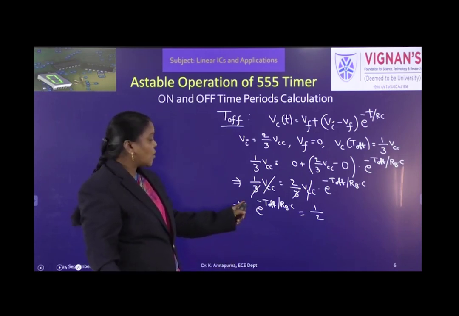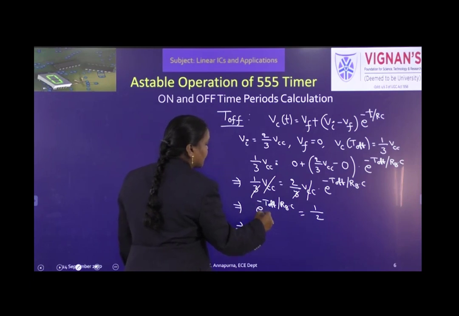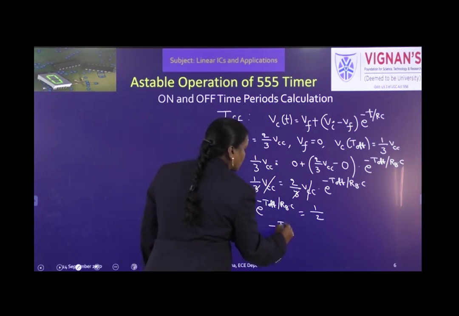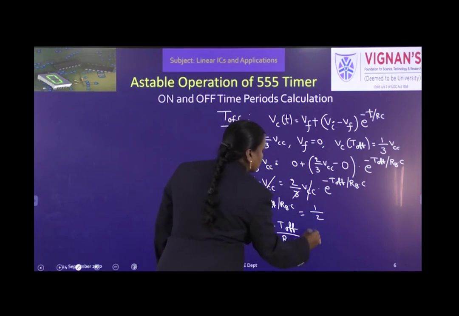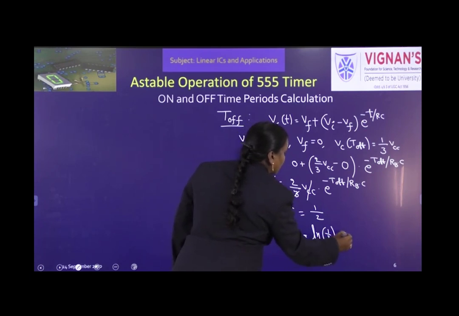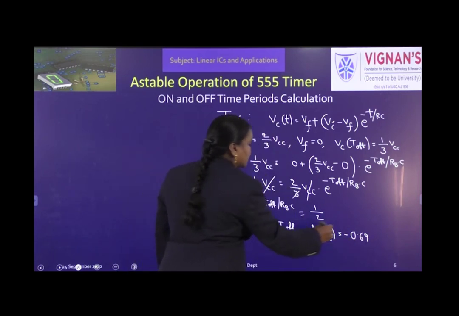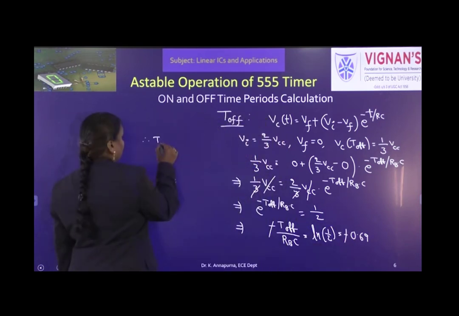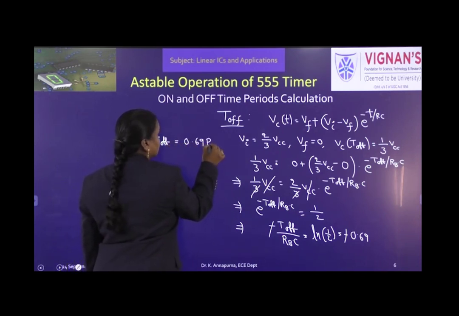Now take natural logarithm on both sides. Then natural logarithm and e power get cancelled. So T off by RB into C is equal to ln of 1/2. It is equal to minus 0.69. So this minus gets cancelled. Therefore, what is T off? 0.69 into RBC.